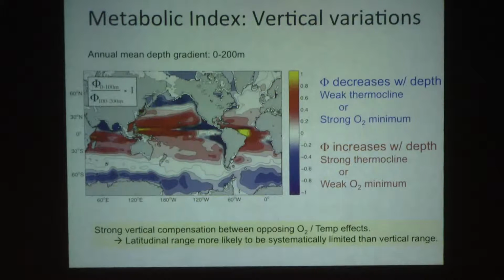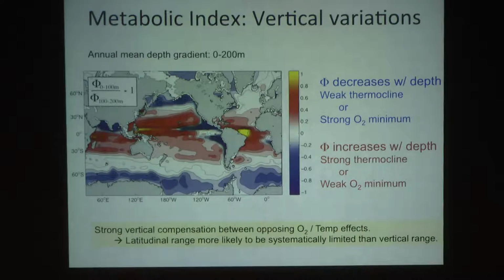Now, you could also try to do it with vertical range limits, and that's a very interesting thing to do, but it's also much harder. The reason is that the vertical variation in the metabolic index can sometimes increase with depth, and sometimes decrease with depth. It all depends on whether oxygen is declining more rapidly with depth than temperature, or vice versa.